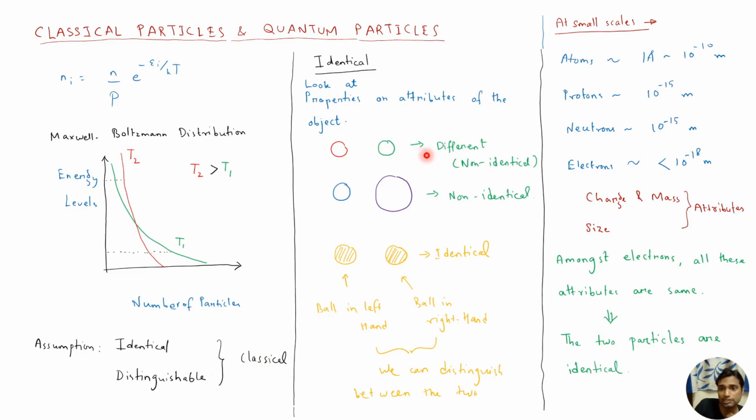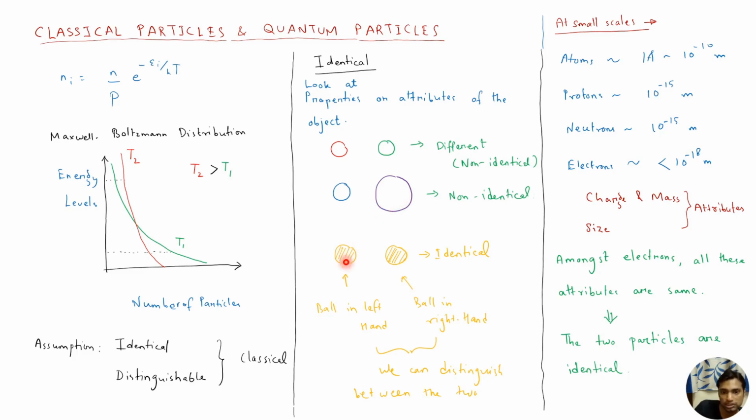But at small scales, if I give you two electrons, let us look at what we mean by identical. By identical we mean that the properties or attributes of the two objects given to you are exactly the same. For example, one is a red ball and one is a green ball; these are non-identical. This is a blue ball, and if another were a blue ball again but the sizes are different, these are non-identical.